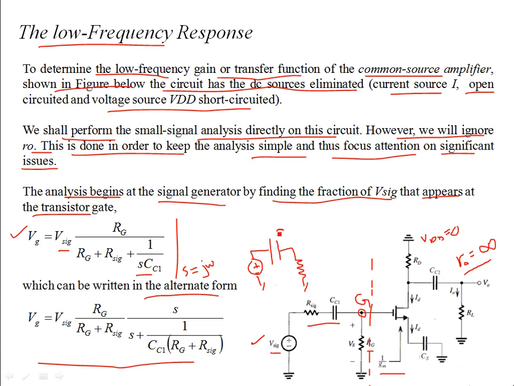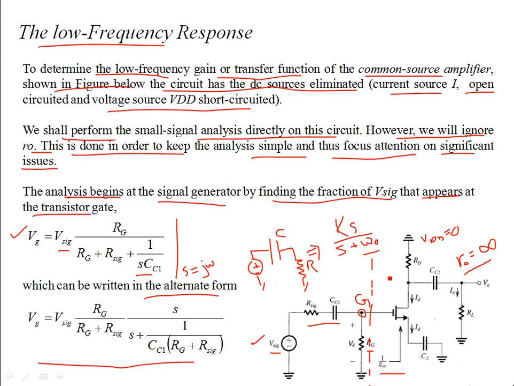The overall transfer function for such a single pole circuit is of the form Ks divided by S plus omega naught, where omega naught is the 3 dB frequency, or the corner frequency, and the inverse of omega naught is the time constant of the circuit. So it's very easy to see the break frequency, in terms of the coupling capacitor and the resistances at the input and the gate of the MOSFET.